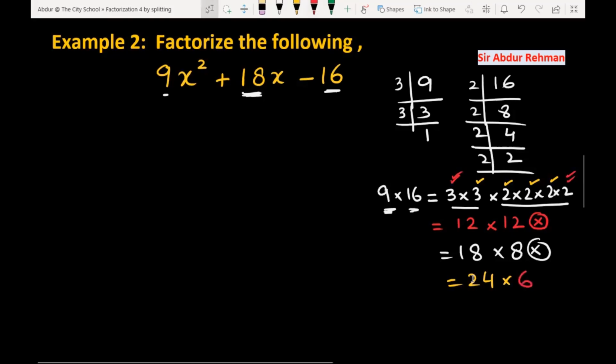So 24 minus 6 is 18 here. It is the correct factor. I'm going to take it as the factor of 18, so I'm going to break up this term with 24 and 6.